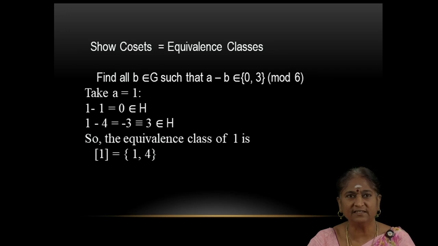Here let us take a equal to 1. So 1 minus 1 equals 0, which belongs to H. 1 minus 4 equals minus 3, congruent to 3 mod 6, which belongs to H. So you substitute any value of b from G, and it gives a value in the subgroup H equal to {0, 3}. So the equivalence class of 1 is the set {1, 4}.